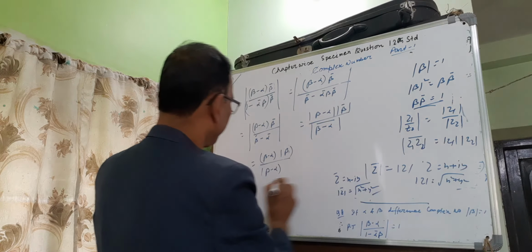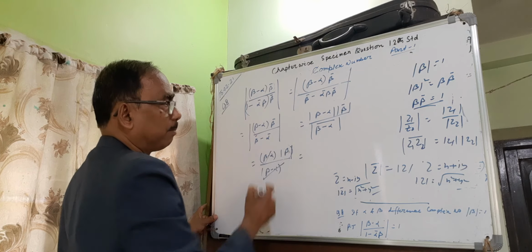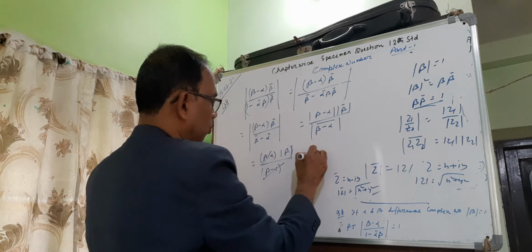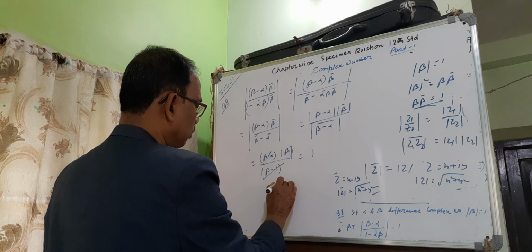Therefore this and this cancel, leaving |β|, whose value is 1. Hence proved.